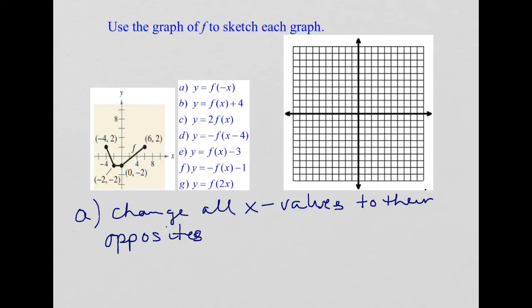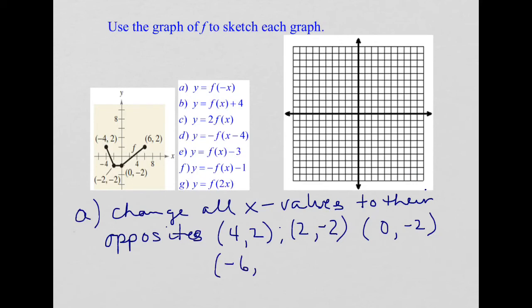In other words, I would have 4, 2, 2, negative 2, 0, negative 2, and negative 6, 2. Those would be the transformations of all the points for A.